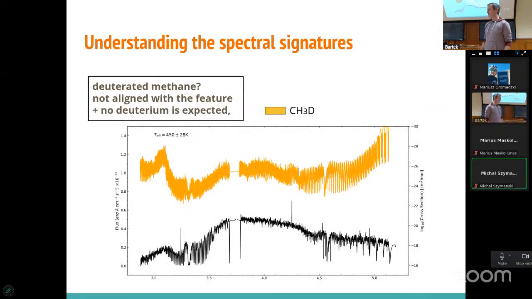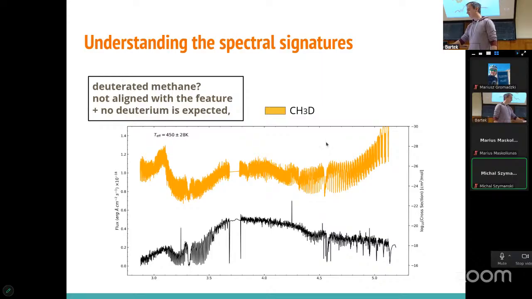And then we tried to consider another possibility, which was deuterated methane. And here you can see also the cross-section curve on the top. So it has a feature here and an absorption here. So quite close to our position here. But at the end, it's not well aligned.